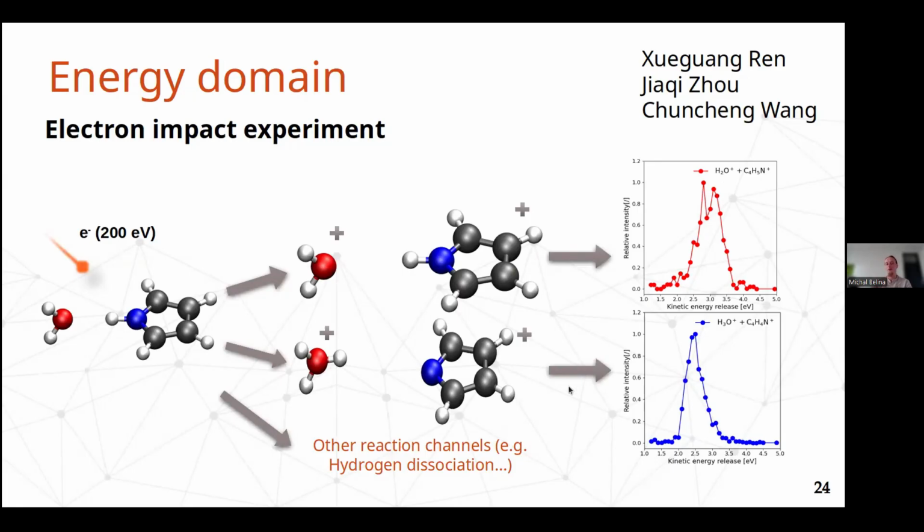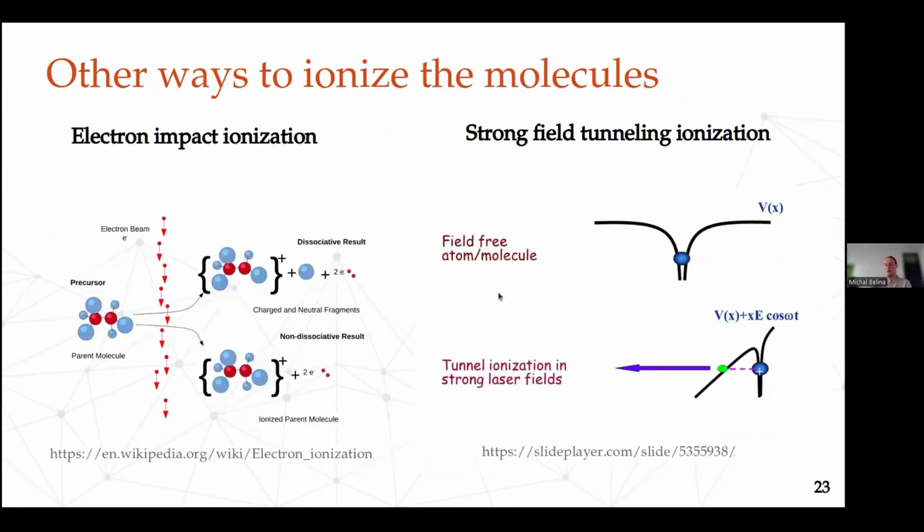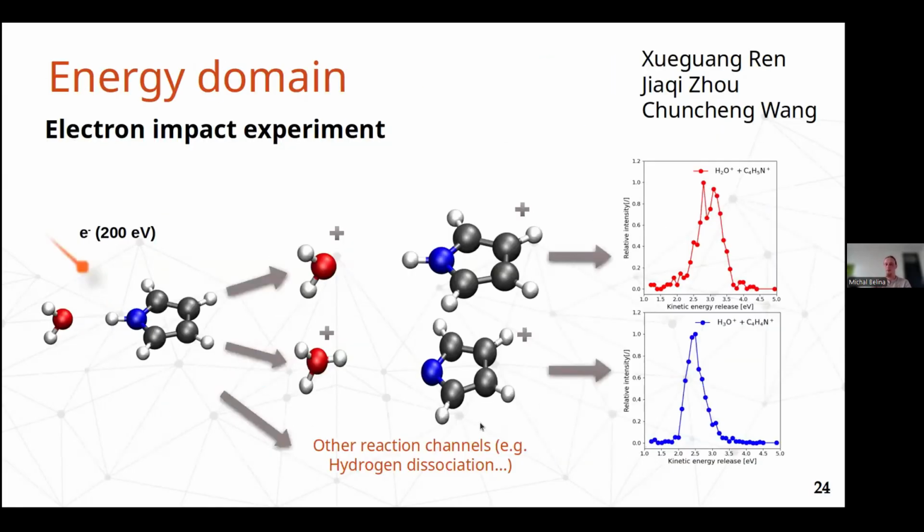There was also some other fragmentation, but I won't discuss that. As you can see here, again, is the distribution of the kinetic energies of these fragments, and you can see some shift in this kinetic energy. So this has some information about what's happening within or before the Coulomb explosion.